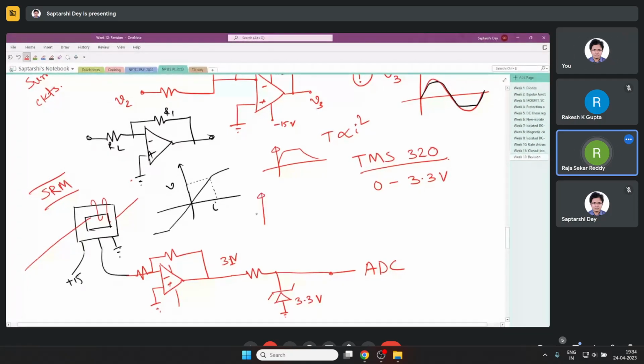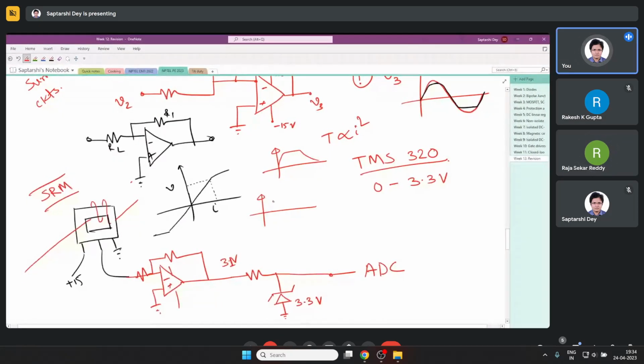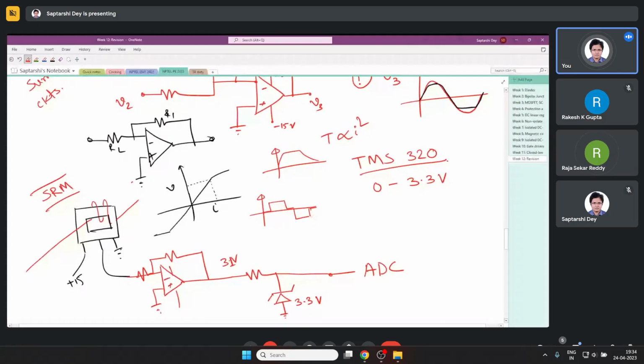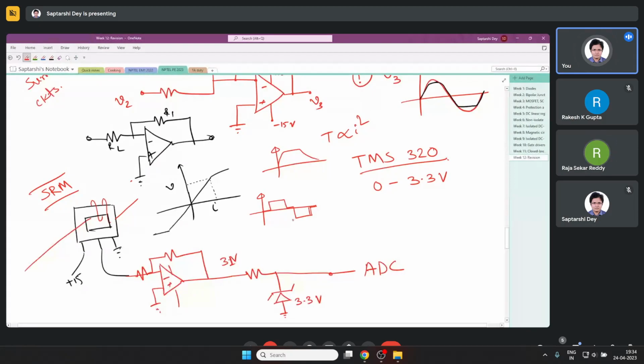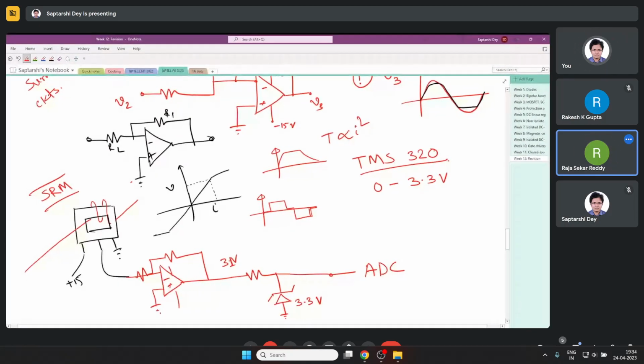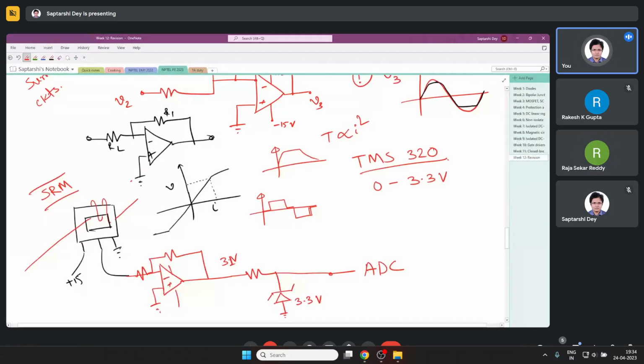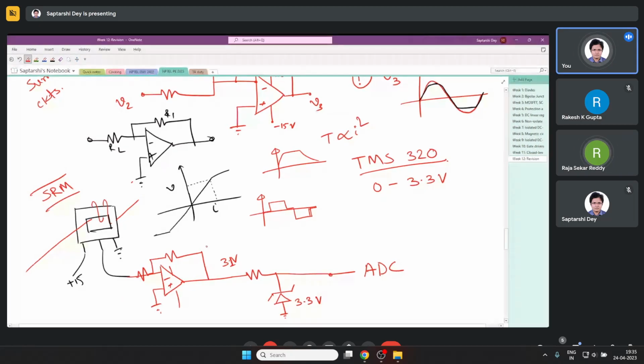Say if you were working on a BLDC, the ideal current should be like this, 120-degree conduction. You have both positive and negative values, right? Now how will you feed this to the TMS 320? It cannot support negative voltage, it can only support positive. So in that case, this circuit directly will not work.